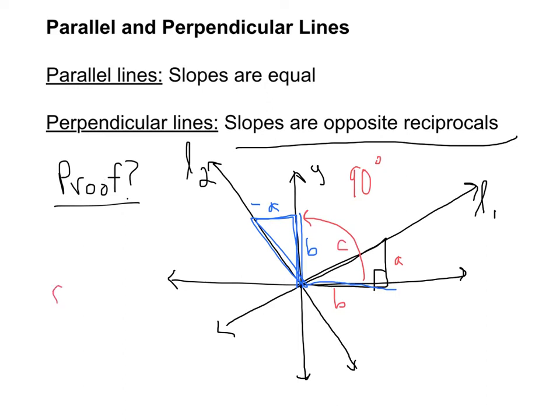So what is the slope of L1? Slope of L1 is the rise over run. Looking at L1, the rise here would be A, and the run would be B, or simply the ratio of A divided by B. What's the slope of L2? Looking at the rise over run now, here our rise, or actually technically it's a fall, is B, as our run is the opposite of A in length.